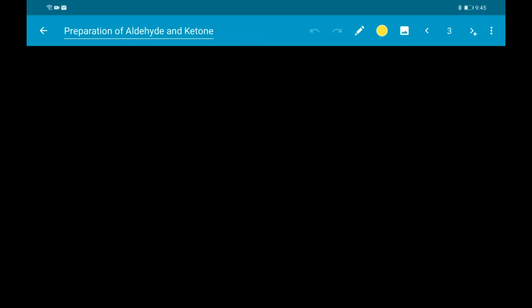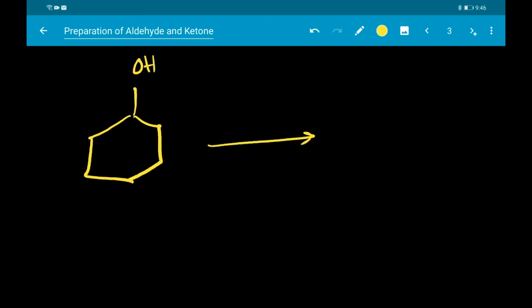Same goes if we have a secondary alcohol, for instance cyclohexanol. Please take note that for secondary alcohol, it doesn't matter if we use a strong or weak oxidizing agent. If we use a strong oxidizing agent such as potassium permanganate in acidified medium, the transformation of the carbonyl group will also happen at the carbon attached to the hydroxyl group.